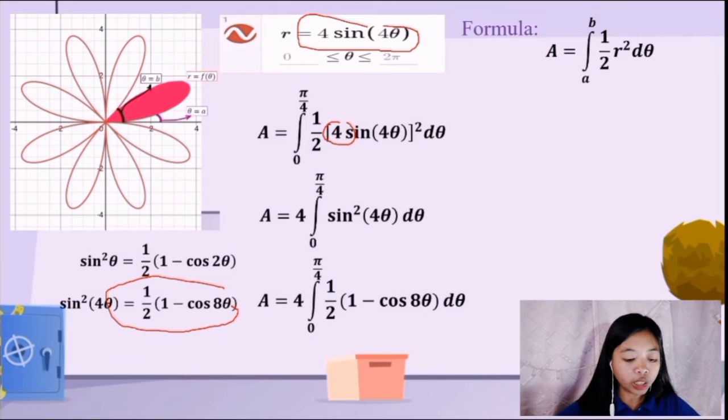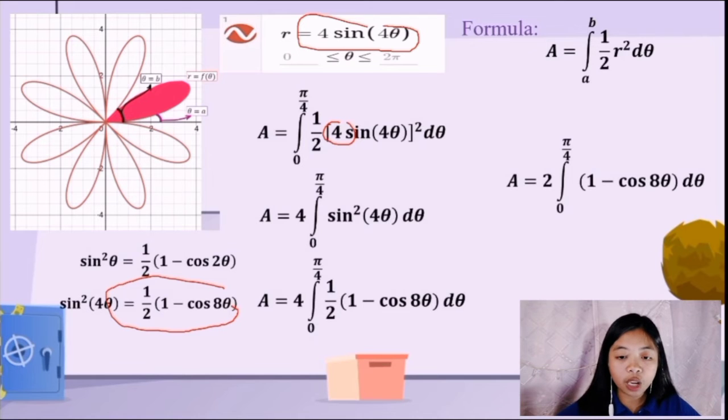Now, we will multiply the 1/2 and the 4, which will be equal to 2. And our area is equal to 2 times the definite integral from 0 to pi over 4 of 1 minus cosine 8 theta d theta.